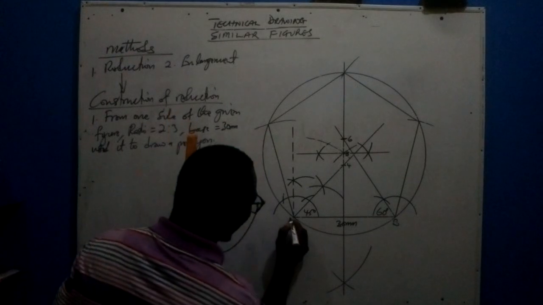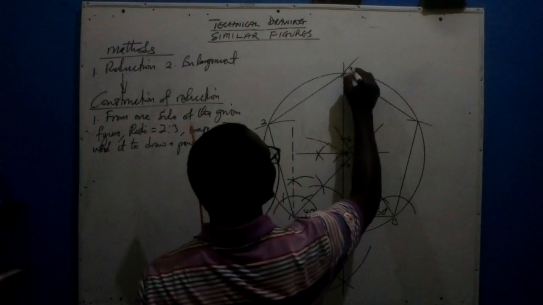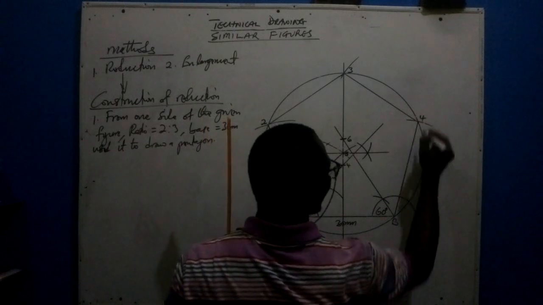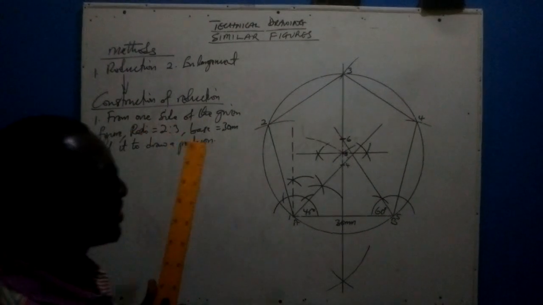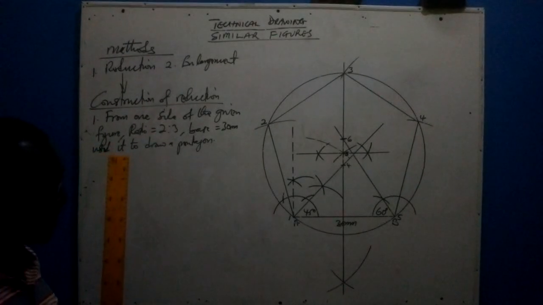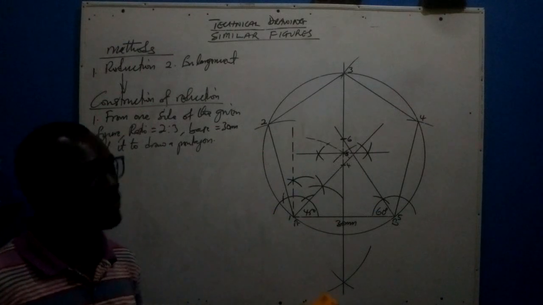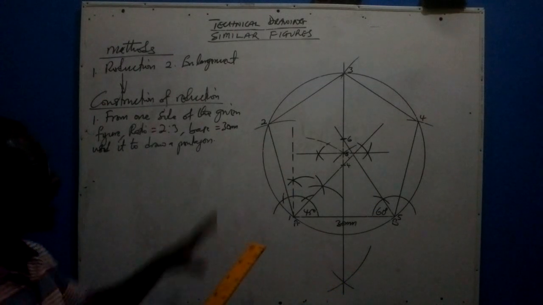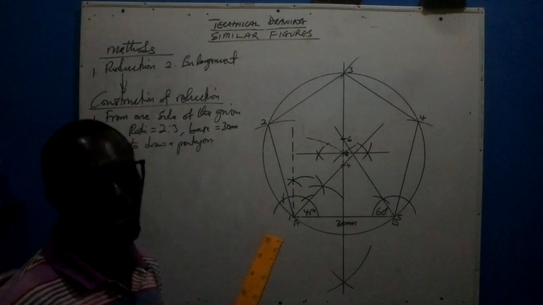Then I can name here 1, 2, 3, 4, 5, and 2, 1. The 5 sides. I've finished my pentagon. Now I'm about to tackle the reduction question.